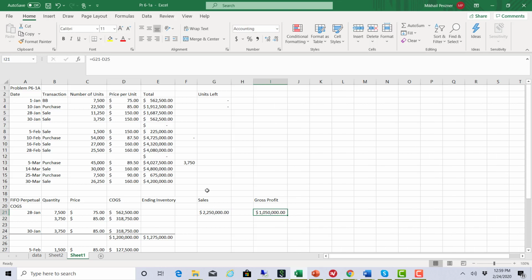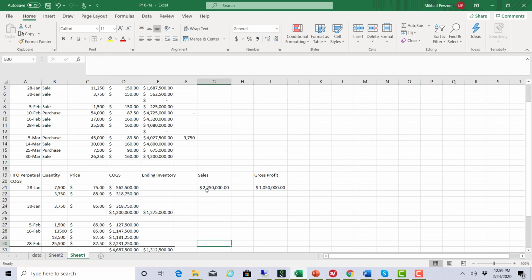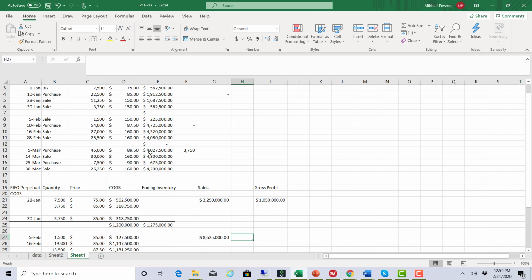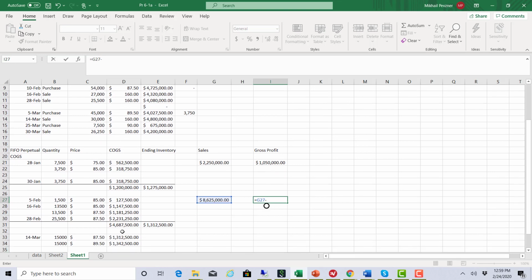In February, sales were this plus this plus this, 86.25, so gross profit will be that minus cost of goods sold of 48,675, so 39,375.